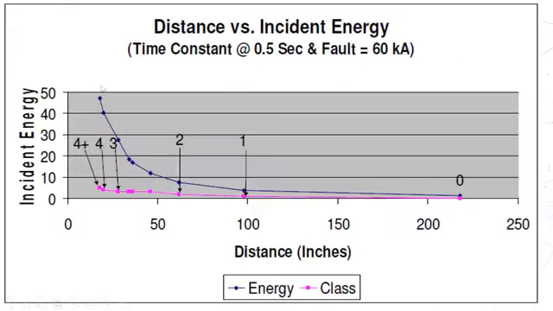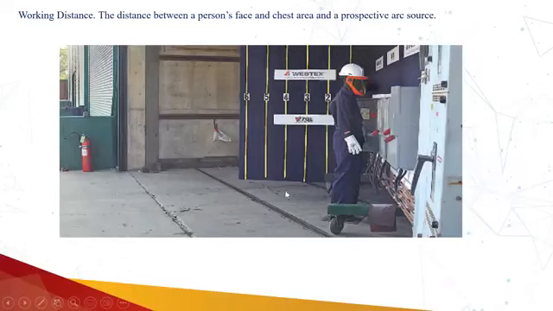Let's see from one of the same studies. For example, at this particular arc source, if an arc flash incident happens, the incident energy could be 40 cal per centimeter square. As we increase the distance, the incident energy starts to decrease, and at a particular distance, the incident energy comes to 1.2 cal per centimeter square.